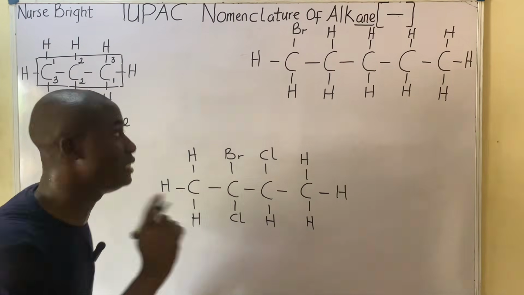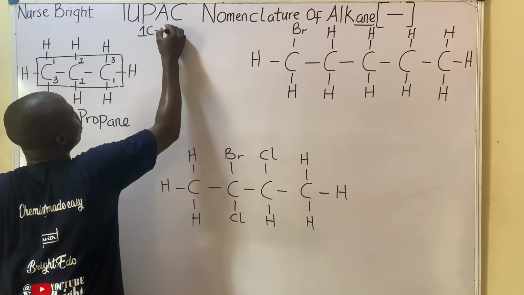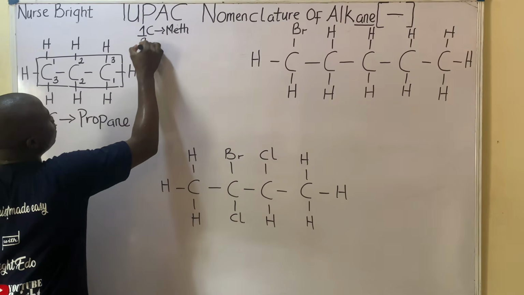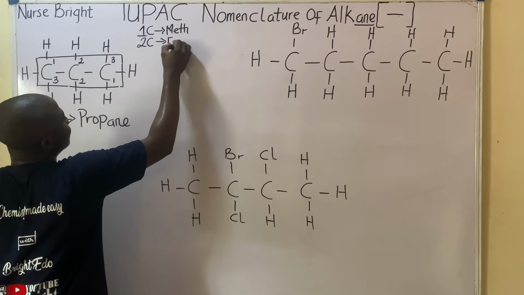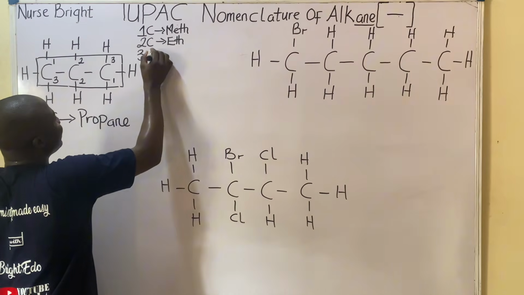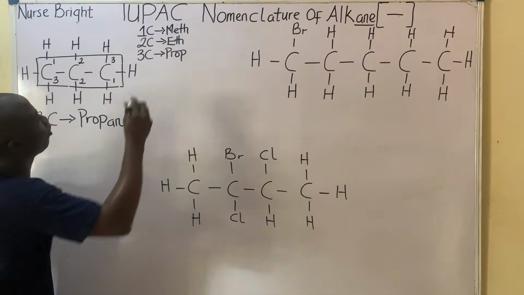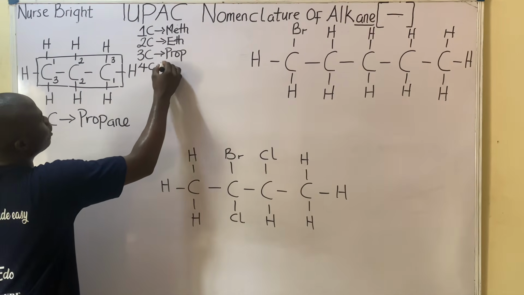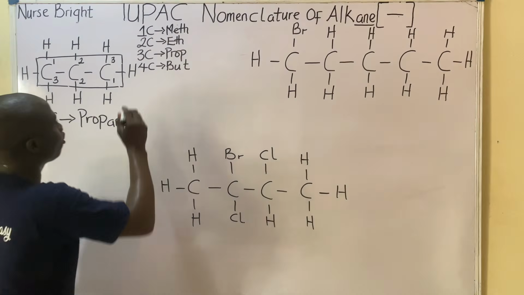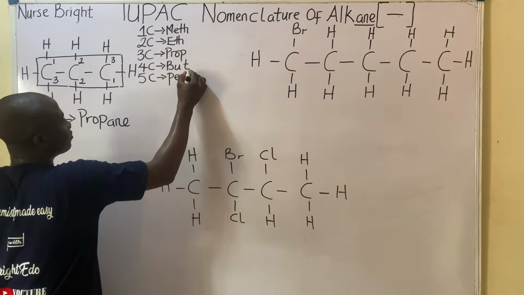Now, please note this. A 1-carbon organic compound should be called meth. A 2-carbon organic compound should be called eth. Do you understand? A 3-carbon organic compound, as seen here, should be called prop. A 4-carbon organic compound should be called but. A 5-carbon organic compound should be called pent.